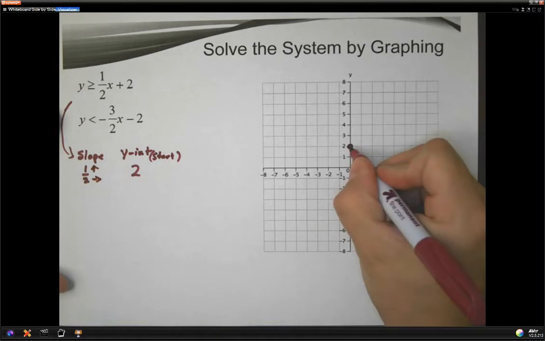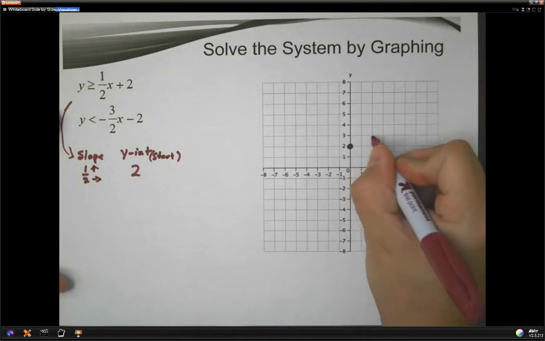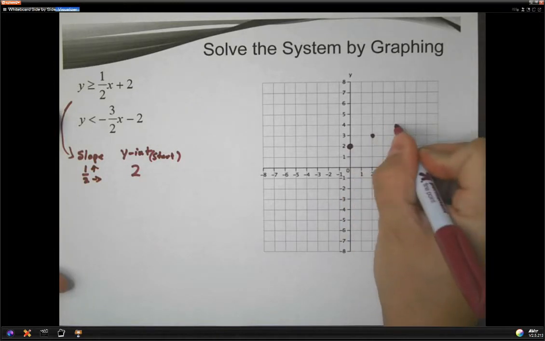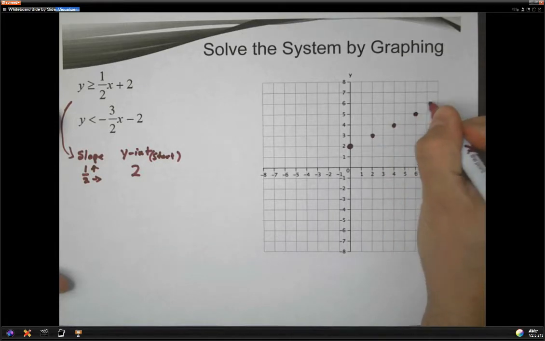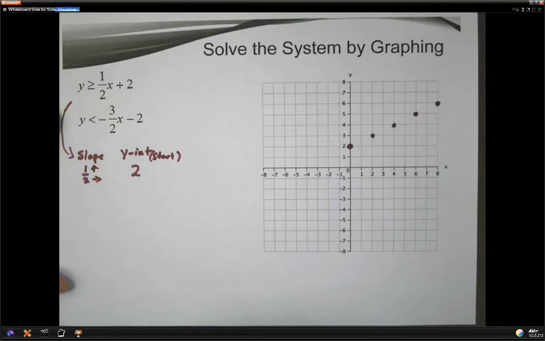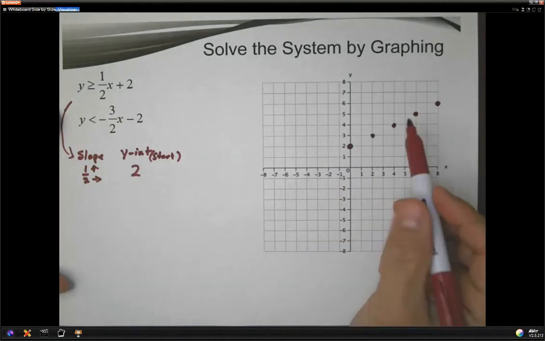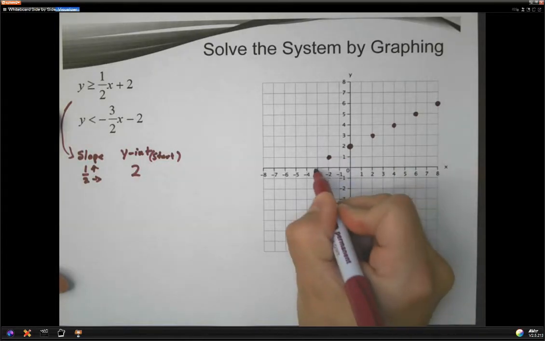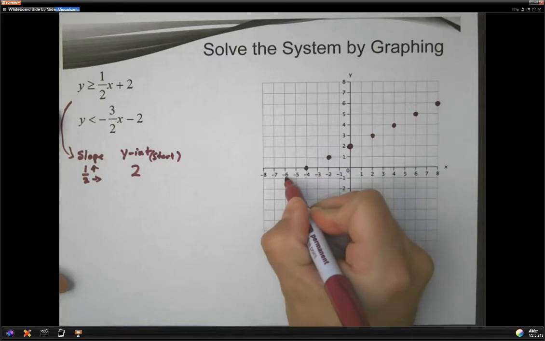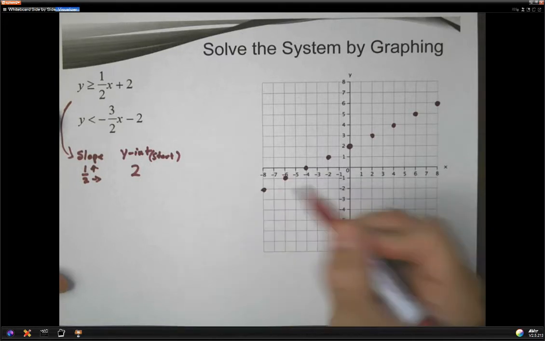So from my starting point, I'm going to go up 1 and right 2. And again, remember, we can take this as far as we need to go. It's good to get a full range of the graph all the way across. Now, do remember, you can do the complete opposite, which would be down 1 and left 2. That way we get that full view.